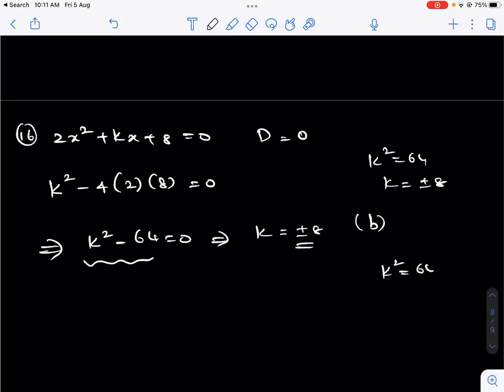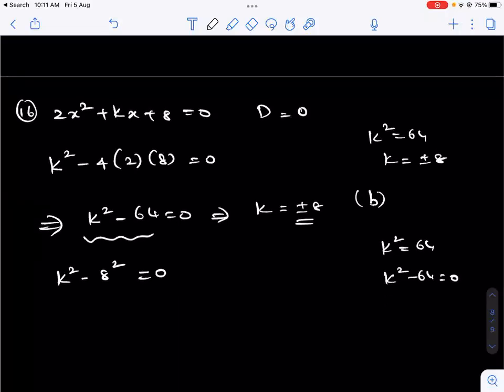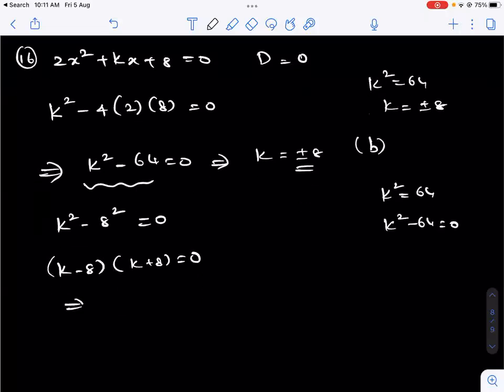Can I write it as k square minus 8 square is 0? So a square minus b square is what? a minus b into a plus b is 0. So what are the two values of k? 8 or minus 8. That is why it is plus or minus 8.